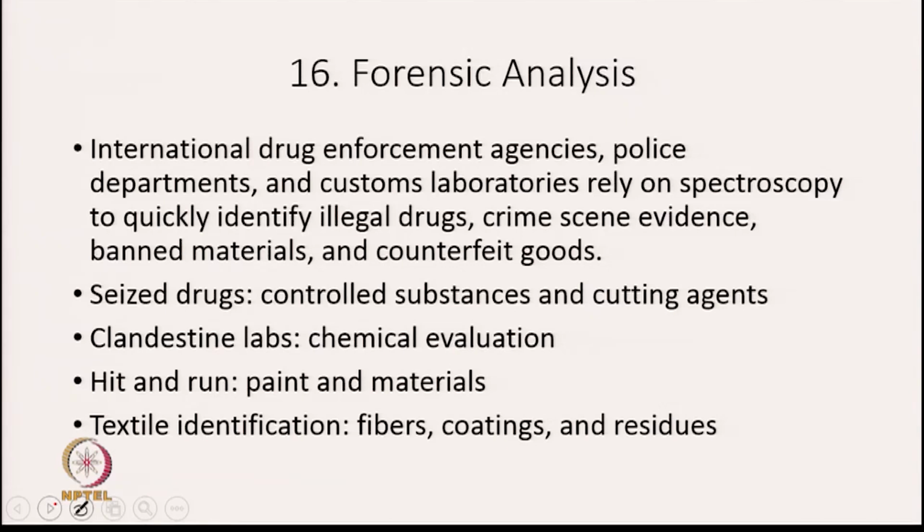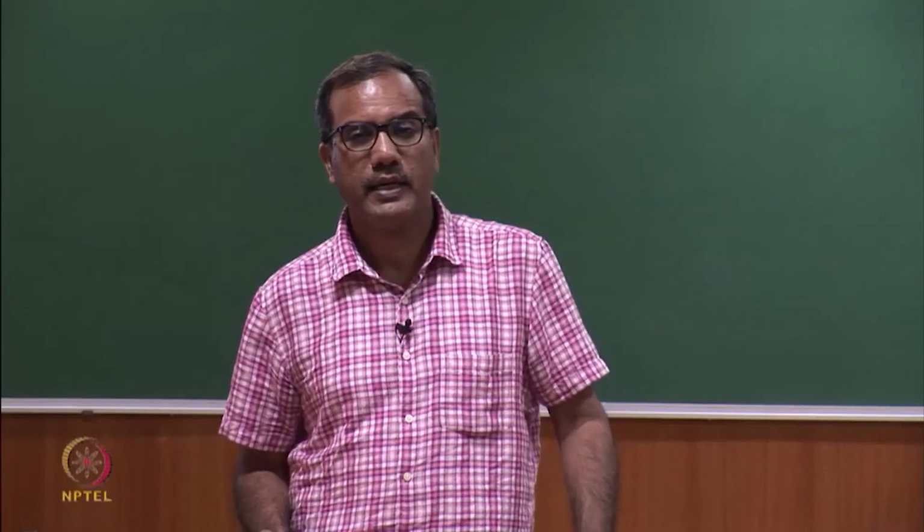Seized drugs can be of two types: controlled substances and cutting agents. The clandestine labs use chemical evolution and they can manipulate the data. For hit and run cases, we can look at paints and materials, and for textile identification, we can look at fibers, coatings and residues.